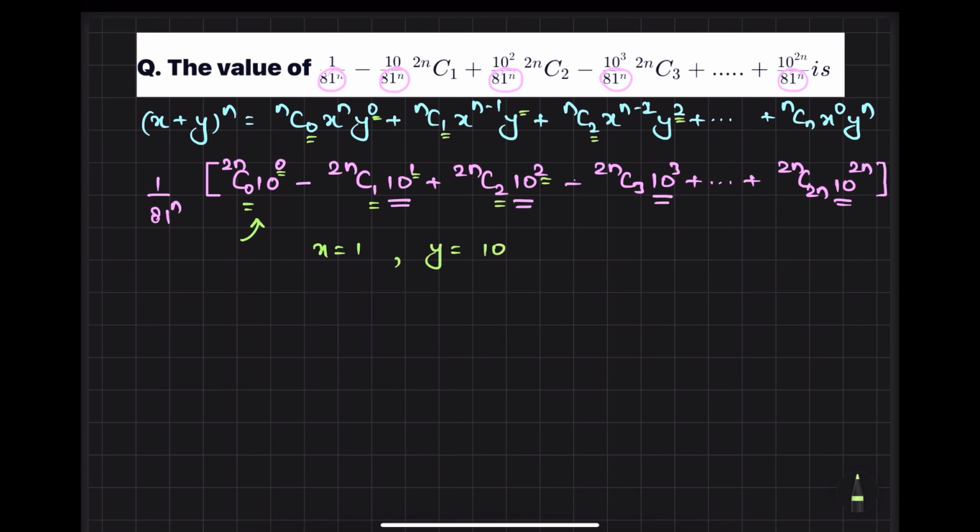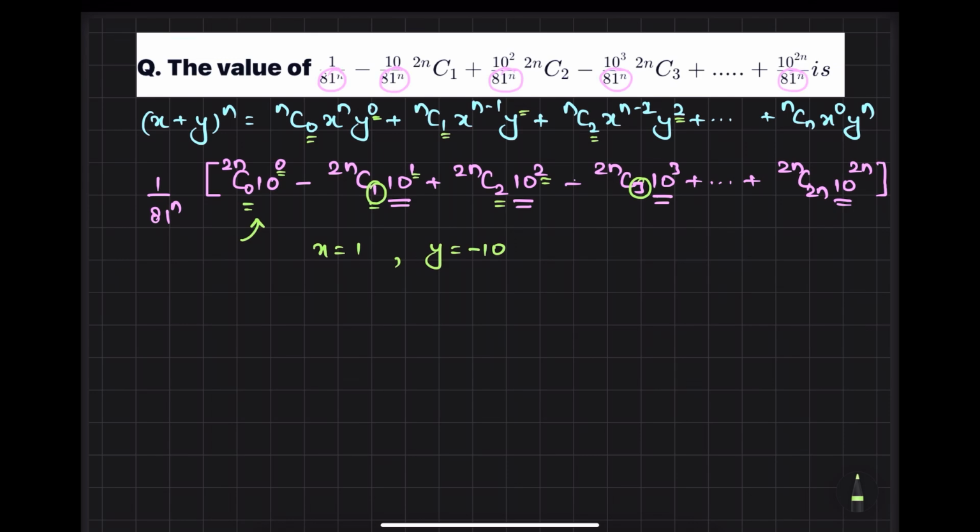Now look at this. Also, if you observe, we have a negative sign when C has an odd lower subscript. Correct or wrong? It is only possible if y is minus. So minus 10 power odd will give you a negative number.